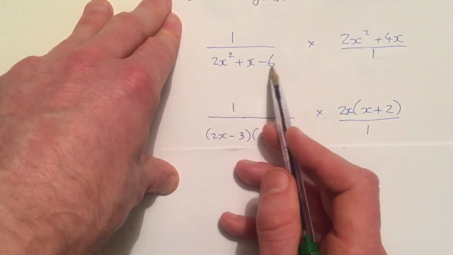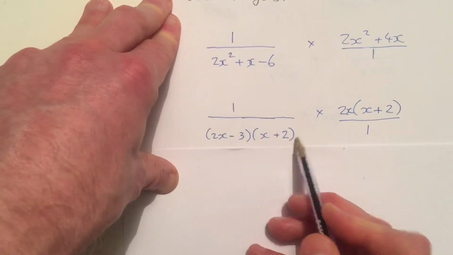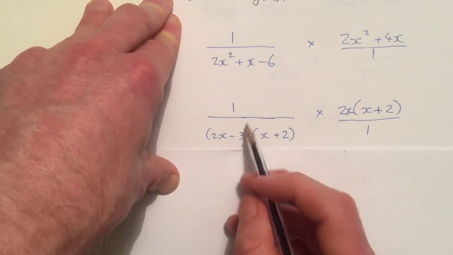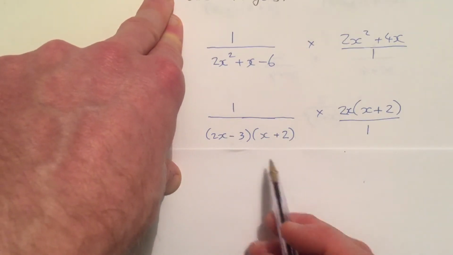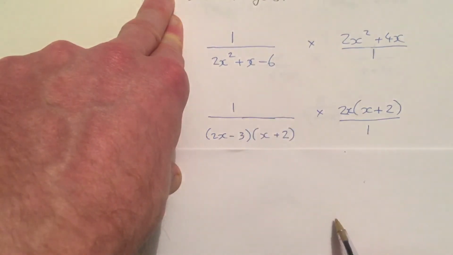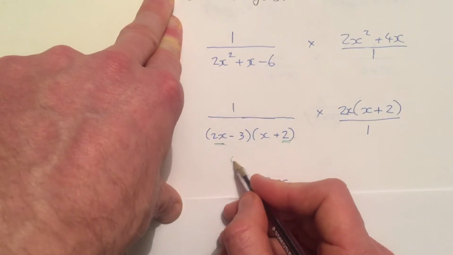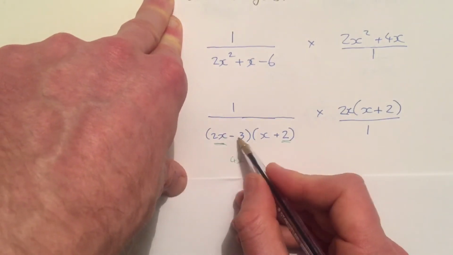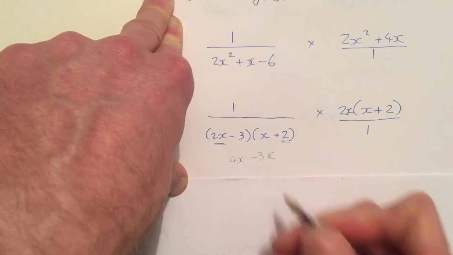Now, two numbers that multiply to make the minus 6 is a minus 3 and a 2. And I know it's got to have a 2x and a 1x. And let's just double check this to make sure that I get a plus x in the middle. 2x times 2 would give me a 4x. Minus 3 times x gives me a minus 3x.